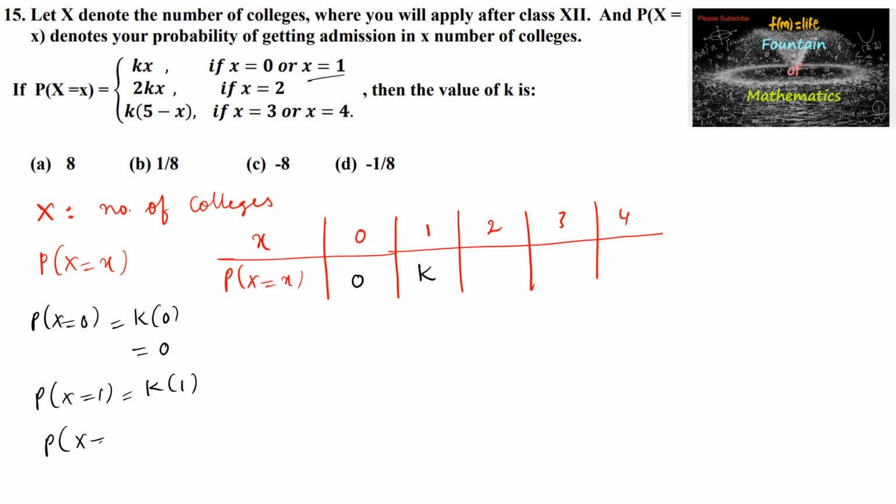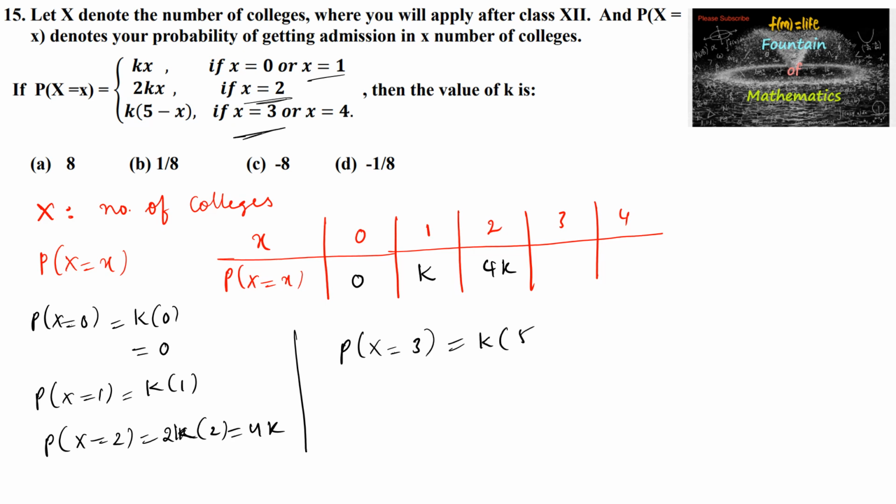At x is equal to 2 we have 2kx, that is 2k into 2, that is 4k. At x is equal to 3 we write k times 5 minus x, that is 5 minus 3, that is 2k, and at x is equal to 4 again k times 5 minus x, that is 5 minus 4, which is 1k.